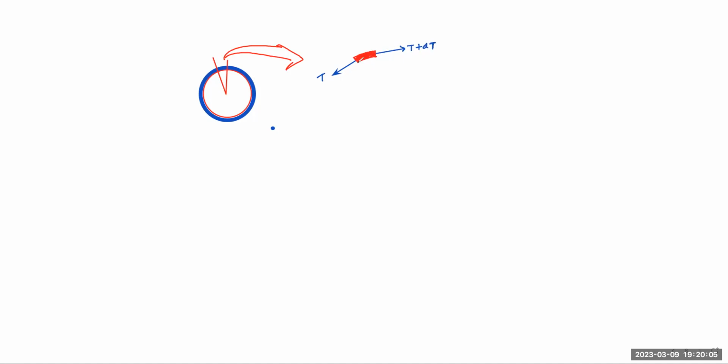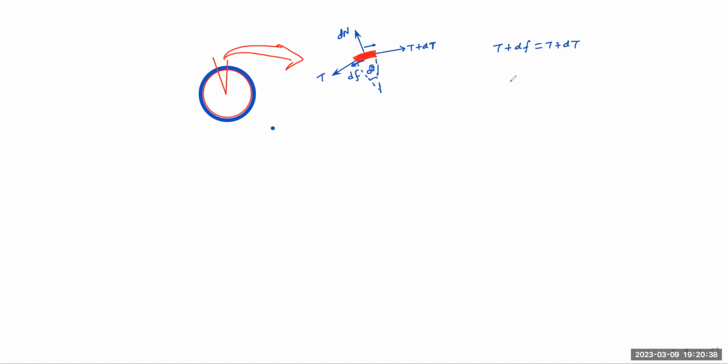And not only this, because let's say if the tendency is to go this way, frictional force dF. And there is a force also acting, normal, dN. So basically, if you write the equation, because it is massless, what you can write is T plus dF equals T plus dT.